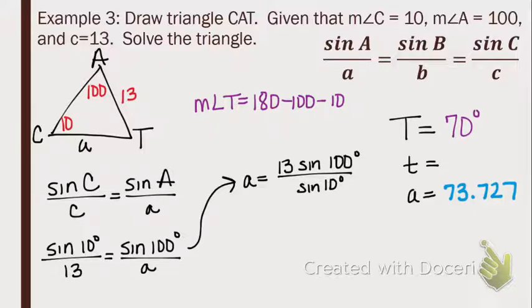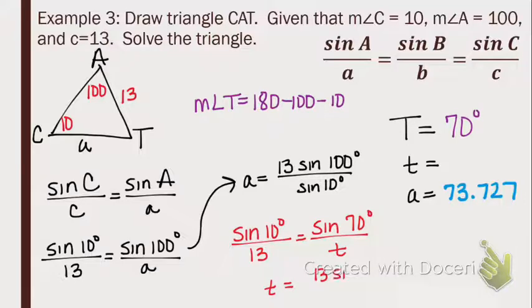And then for side t, we have the sine of 10 degrees over 13 equals the sine of 70 degrees over t. So t equals 13 times the sine of 70 all over the sine of 10, which is going to give you, for your answer, 70.349.